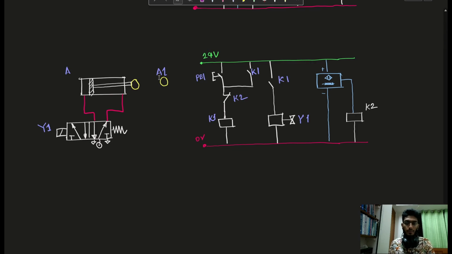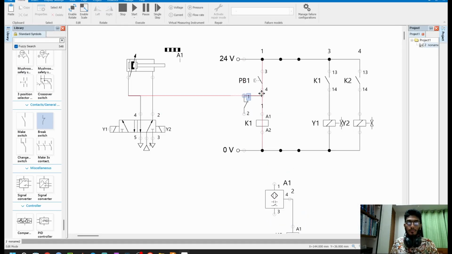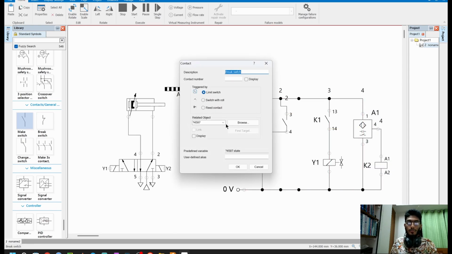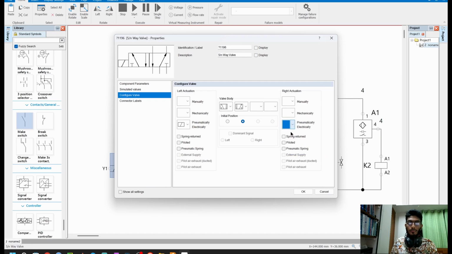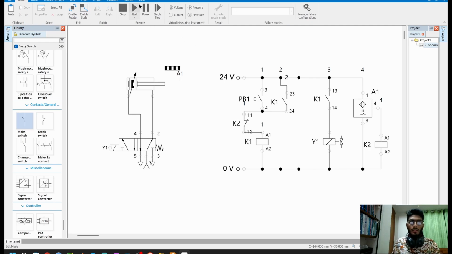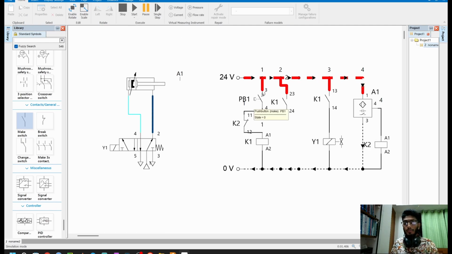Let's see in the FluidSIM software. This limit switch will sense K2. I have to identify this as K1. Okay, so let's start. Pressing the PB1.